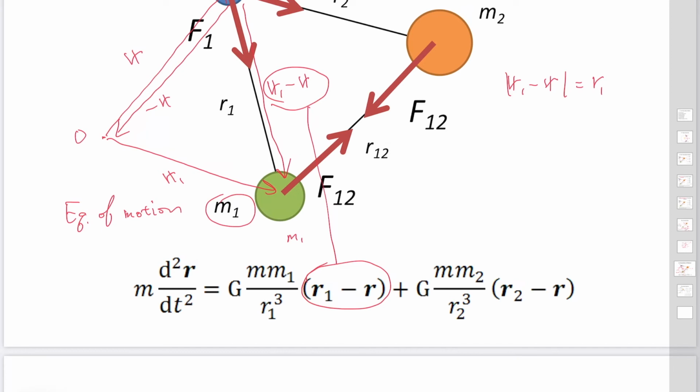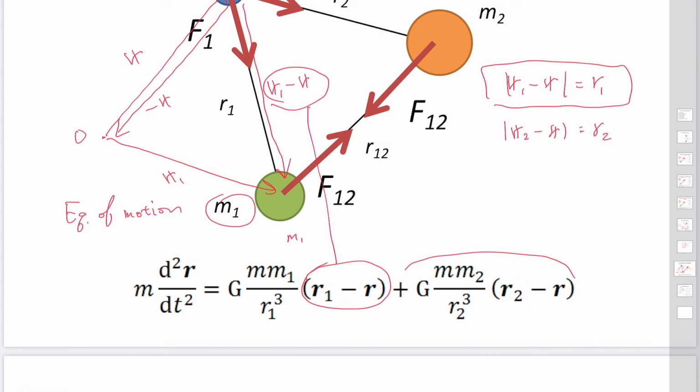So we have somewhat confusing quantities, and you've got to be careful about this one. Also, the magnitude of r sub 2 minus r vector is r sub 2. The second term corresponds to the gravitational force acting on the object with mass m from the object with mass m sub 2.